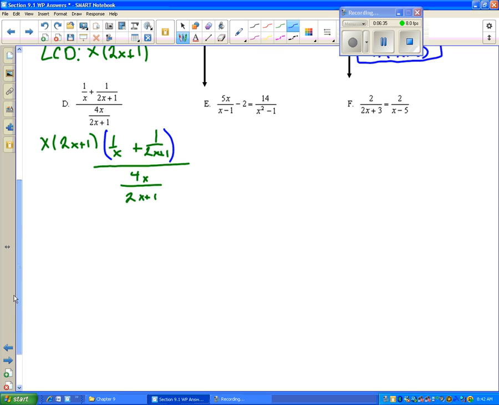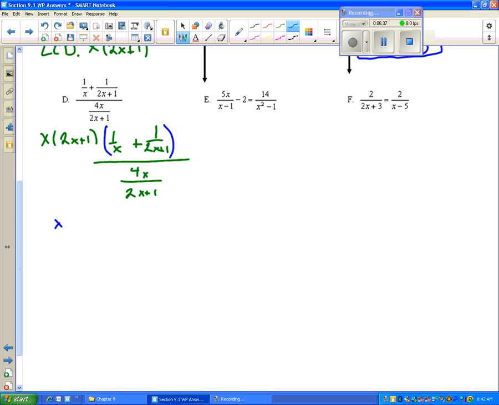And I'm going to go ahead and have x times 2x plus 1 times my 1 over x. Remember, I can write this over 1 if that makes it easier. Plus, that's this plus sign here, x times 2x plus 1. Again, you can write it over 1 if it makes it easier, times 1 over 2x plus 1.